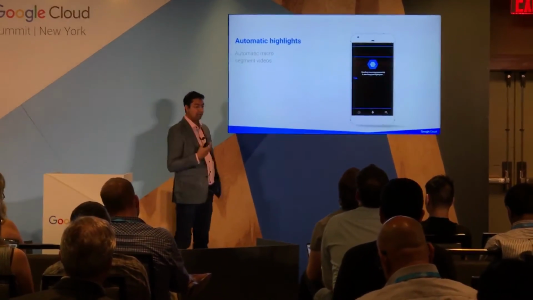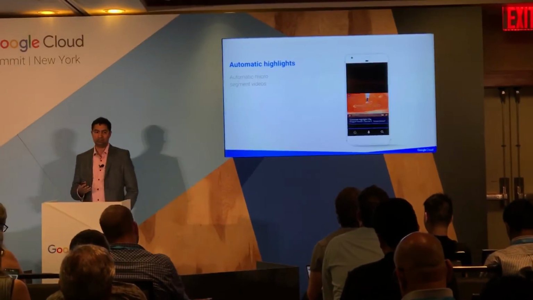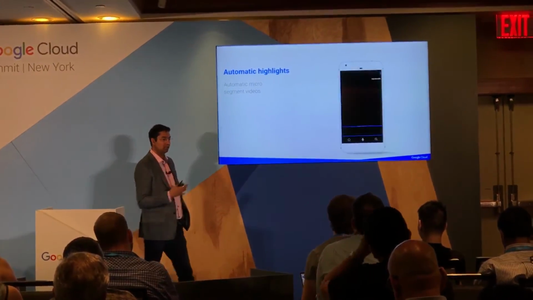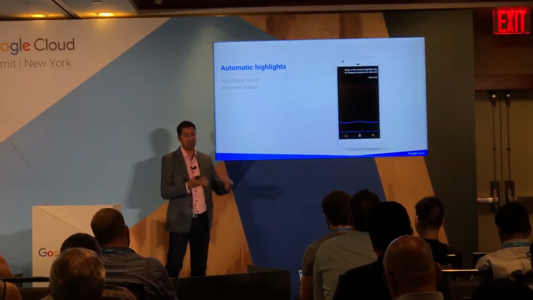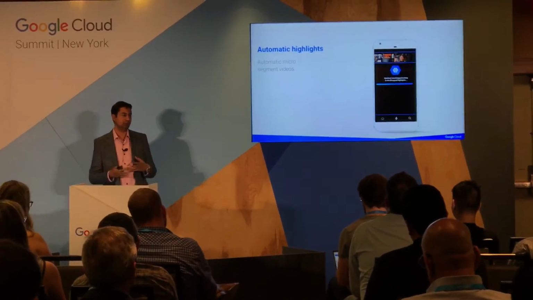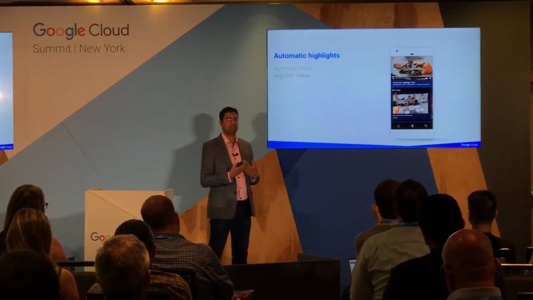Next, as we start understanding this content, I'm really excited about this journey of building the foundation towards better content summarization and ultimately content creation. So think about it. The Video Intelligence API allows you to segment your videos into shots. Now you can take that and start adding metadata descriptions to it.